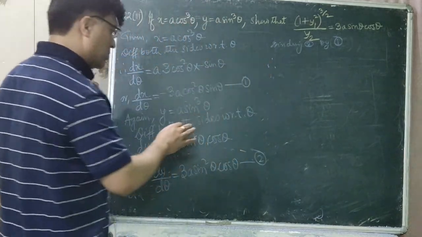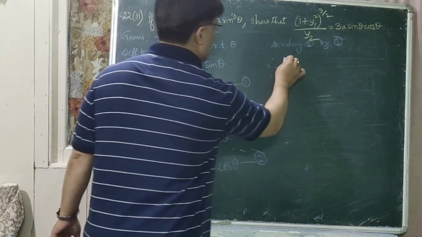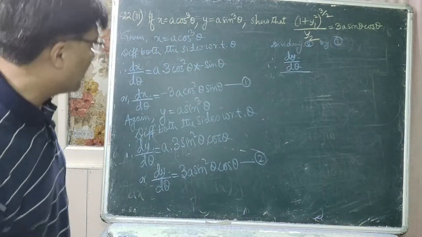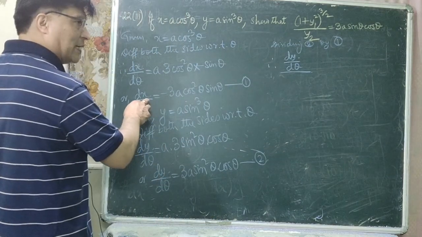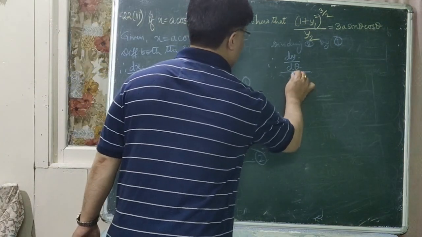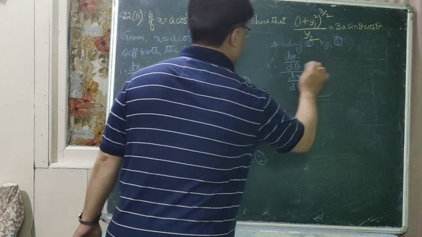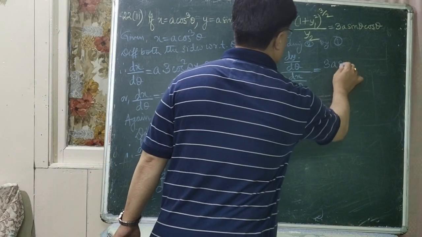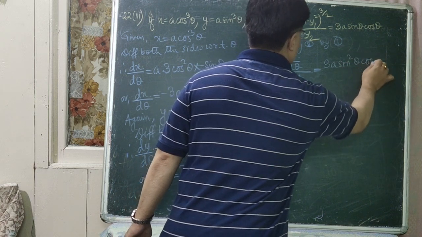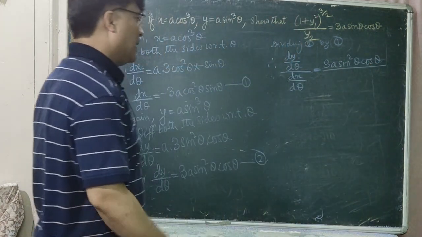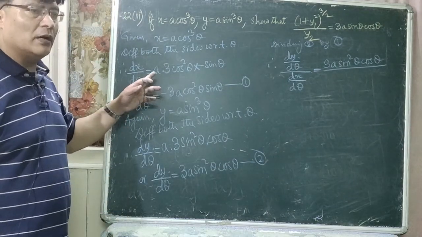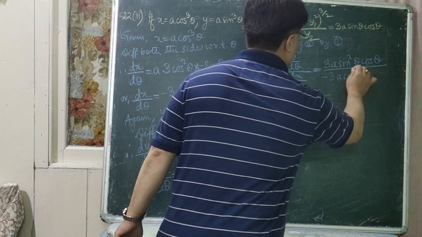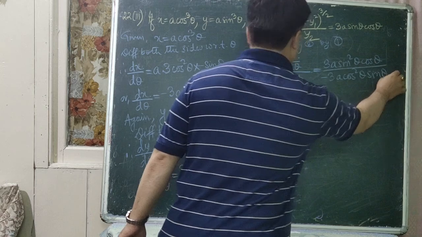So in the numerator you write down left hand side of number 2, that is dy by d theta divided by, now you have to write down left hand side of number 1 in the denominator, that is your dx by d theta, which is equal to, on the right hand side you write down right hand side of number 2 in the numerator, that is 3a sine square theta cos theta divided by, and in the denominator you have to write down right hand side of number 1, that is minus 3a cos square theta into sine theta.